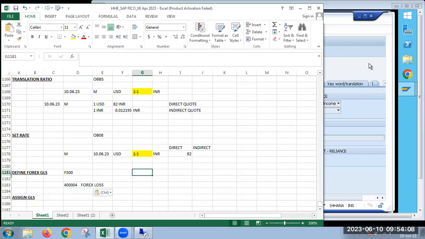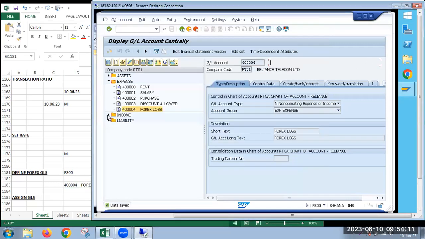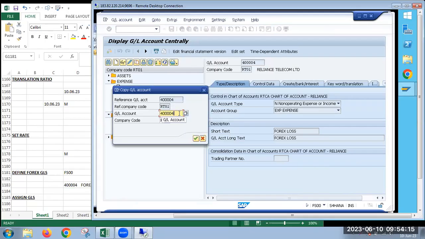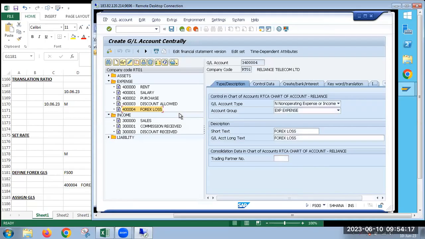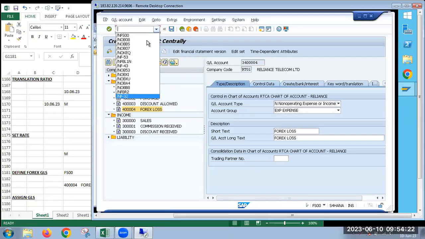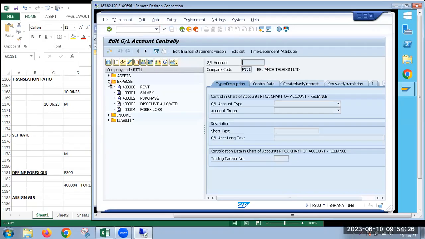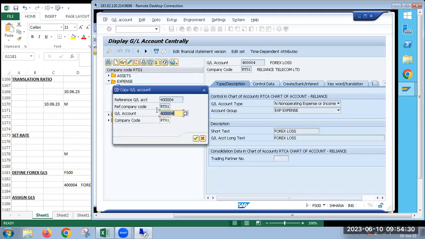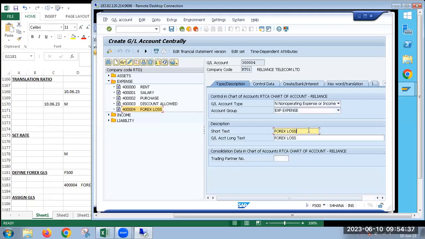The same way we can create a forex gain account. 30004, forex gain.